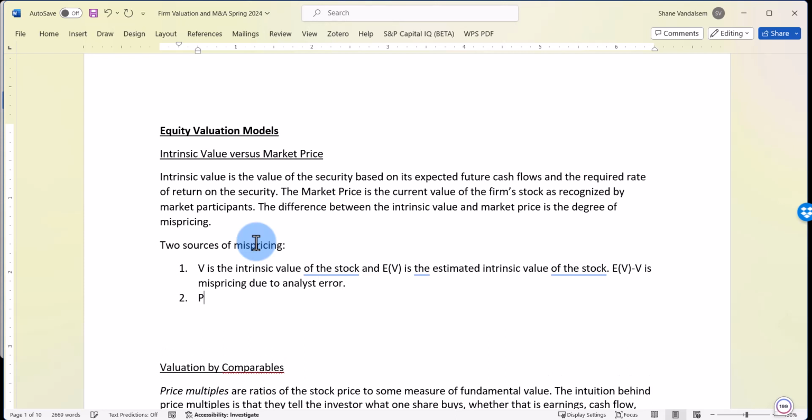P is the market price of the stock. And again, that's what we can see. We can look that up and see what that price is by looking at a stock quote. And V again is the intrinsic value of the stock.